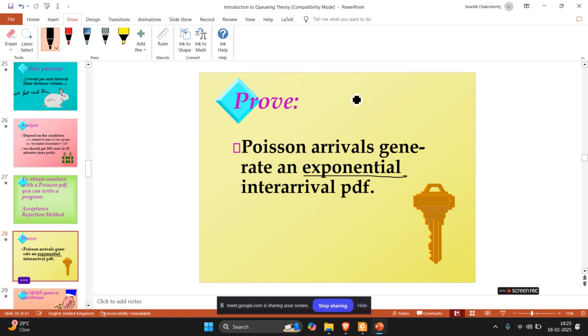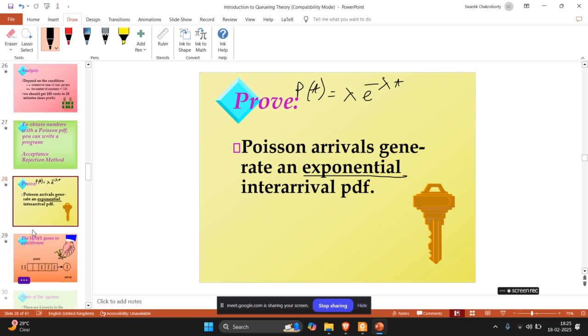So exponential means lambda e to the power minus lambda t. This is the inter-arrival time probability distribution P(t): lambda e to the power minus lambda t. Okay.